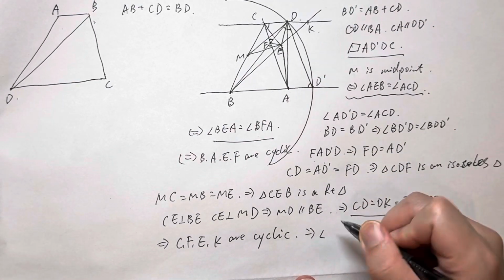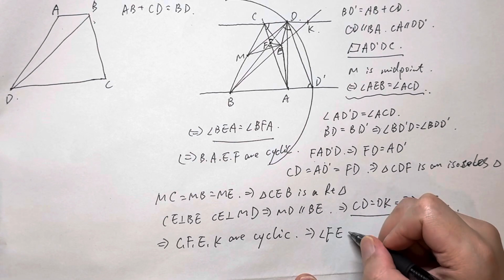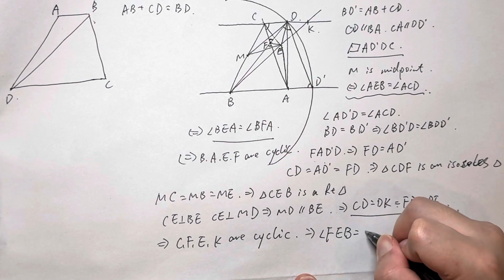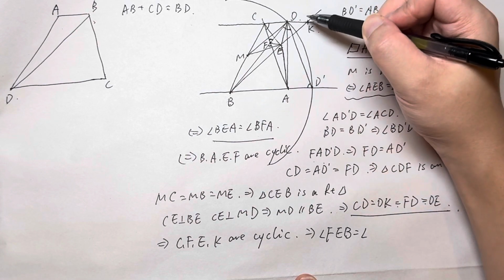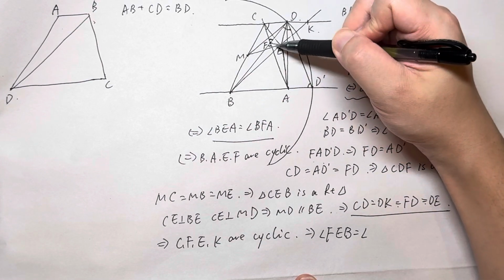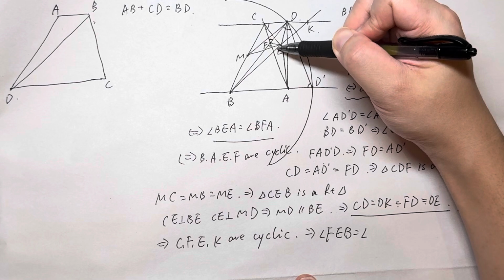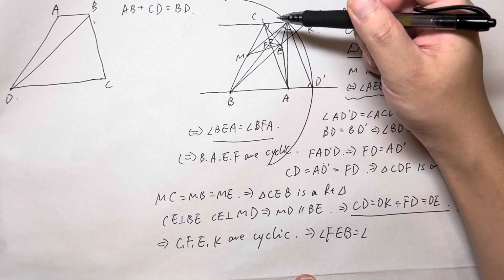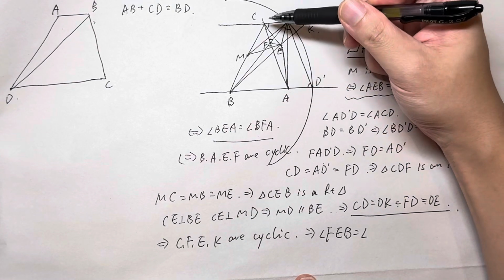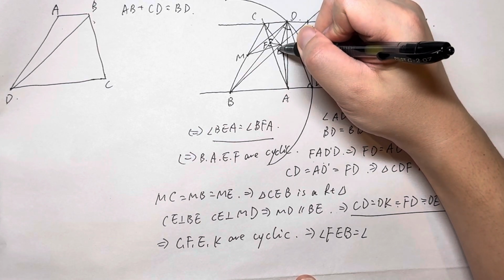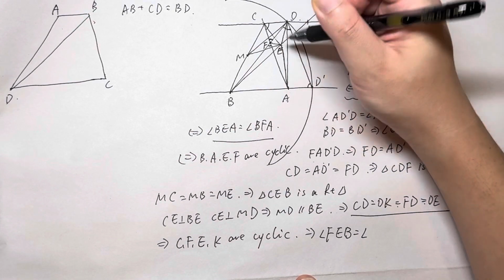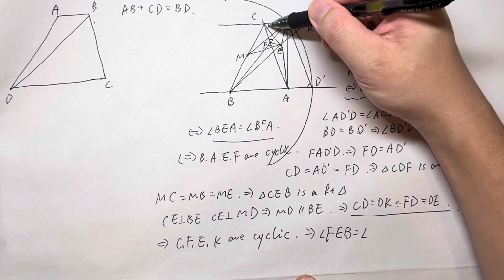That means the angle FEB equals the angle ACK, right? This one equals this one.